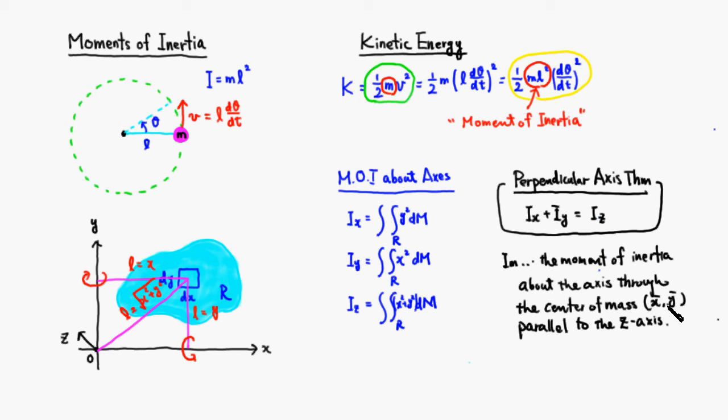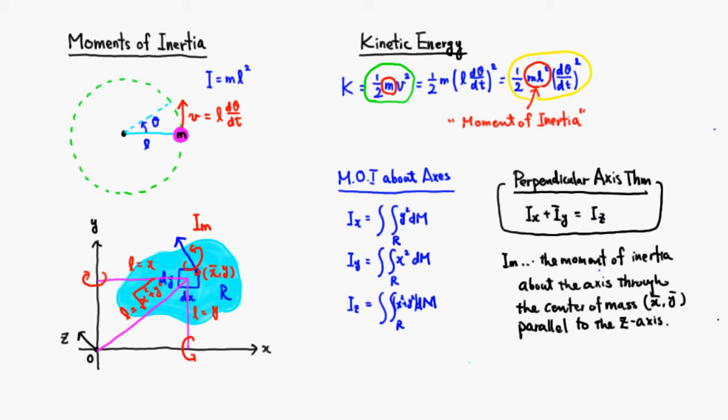If you have a random point, let's say this happens to be the center of mass, then the axis we're talking about goes through here. If you rotate about that axis, it's called the moment of inertia, I sub m.